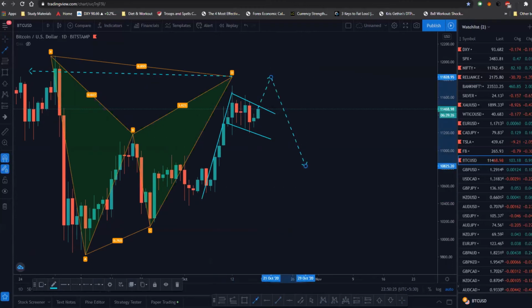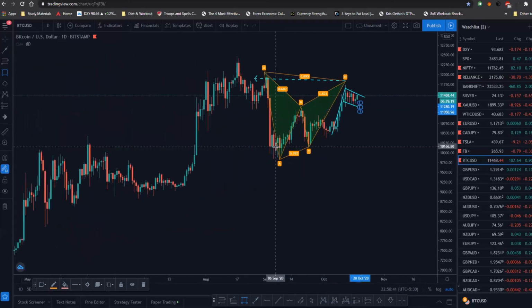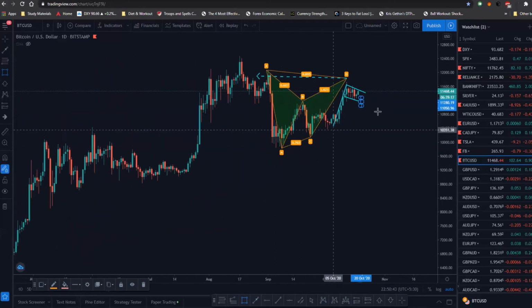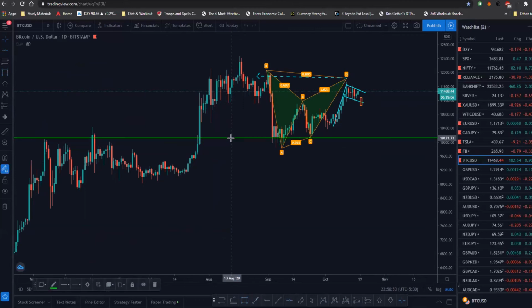So again, we need to watch and wait for the pattern to complete. If we have a break and close below this one, that's a different scenario. Then you should be looking at shorting from here itself. And the targets for this, if we have a short over here, let's pull in the trend line, and this looks like a good level, probably somewhere over here.